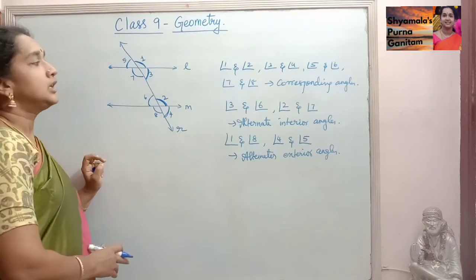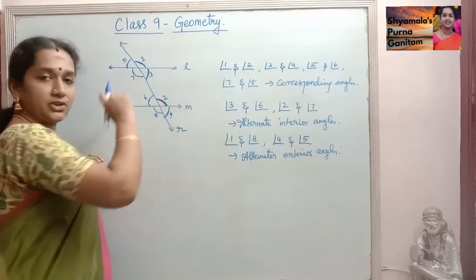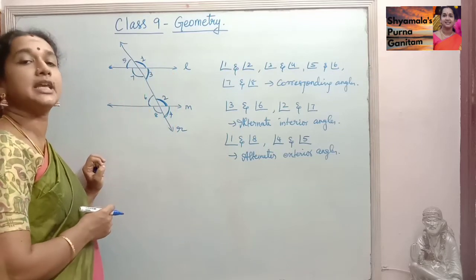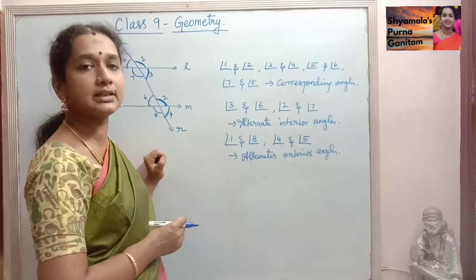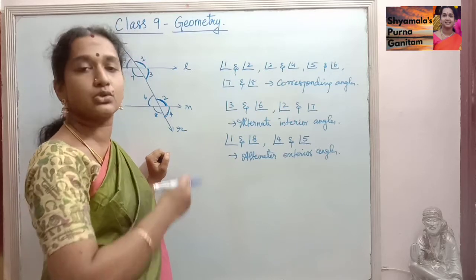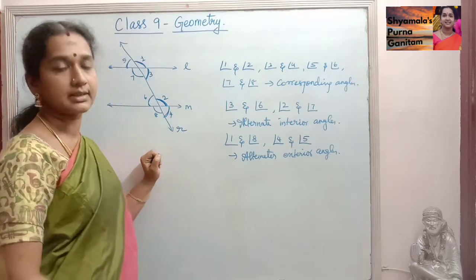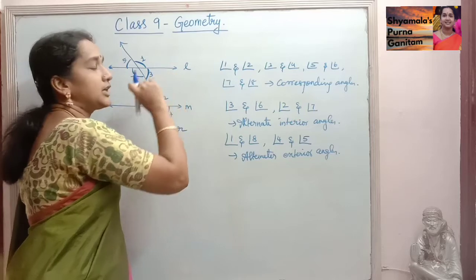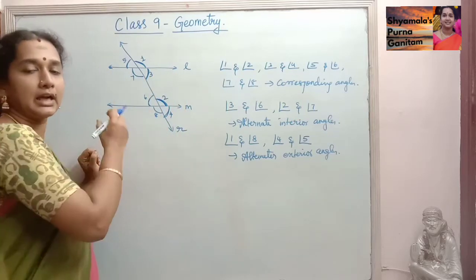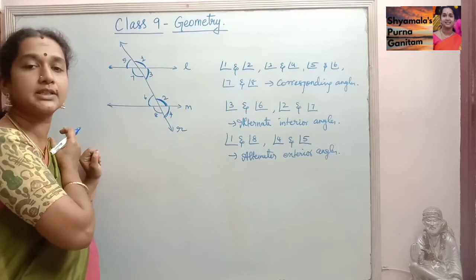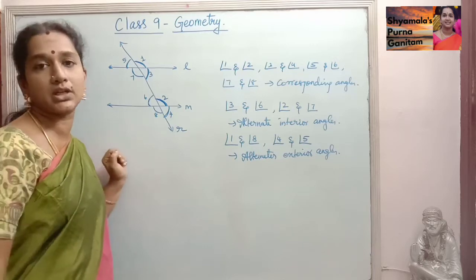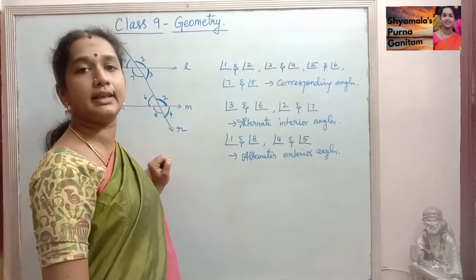Then angles on same side of the transversal, we will say that as co-interior angles. So they form supplementary angles. Angles on the same side of the transversal, that makes supplementary angles.